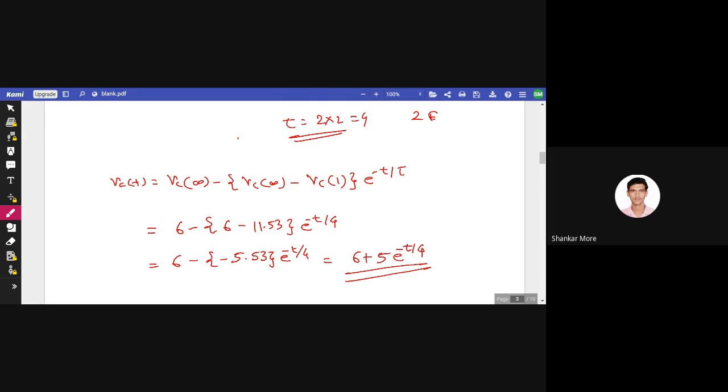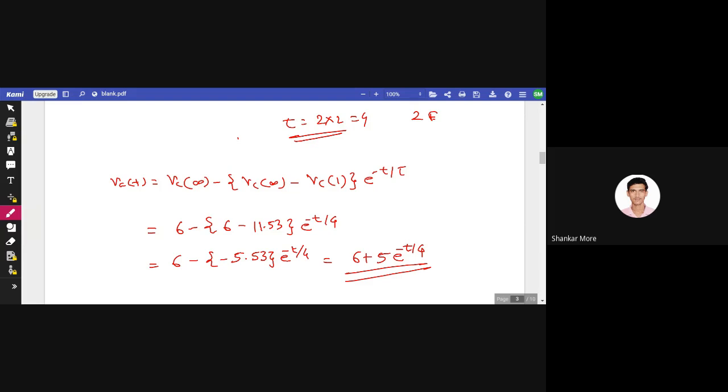Any doubt till this? I don't see any responses from your side in the chat box, so I'm a bit confused whether you understand this or not. Okay, you understood this. Shubham, any doubt? Aditya? No. Okay, no doubt. Clear.